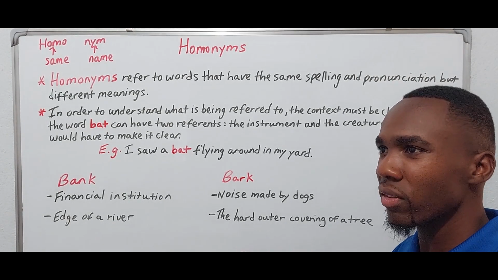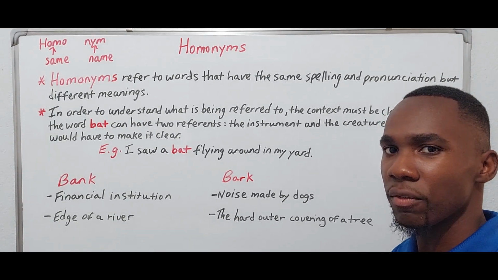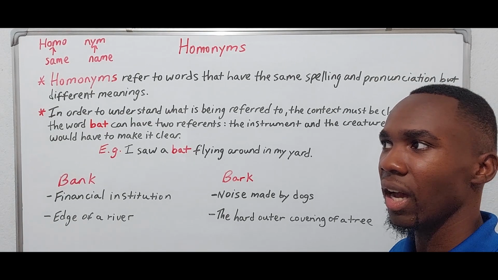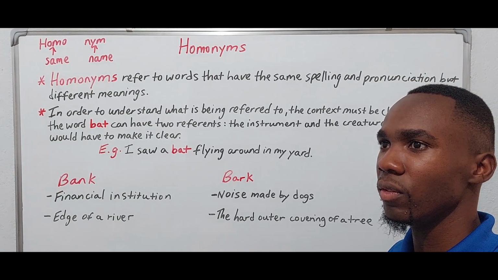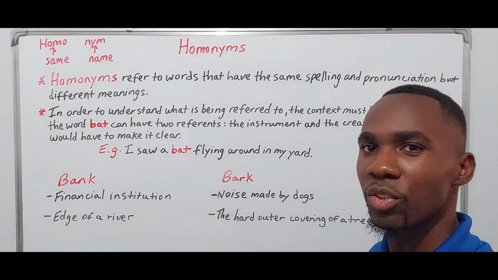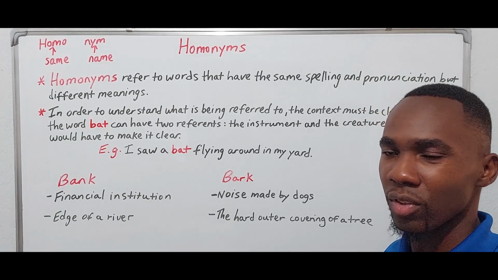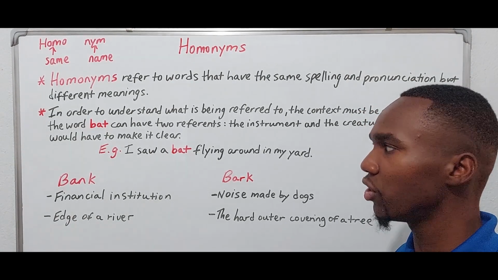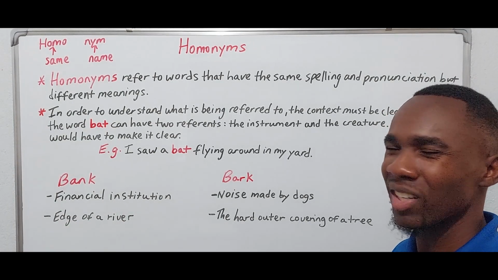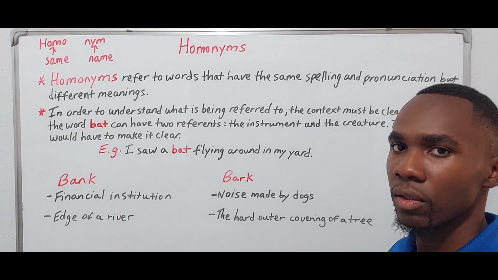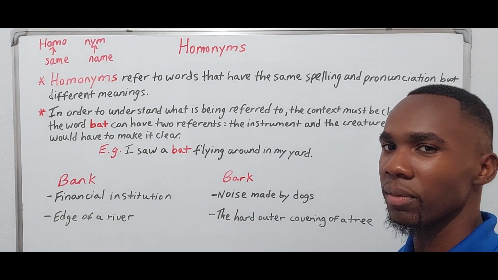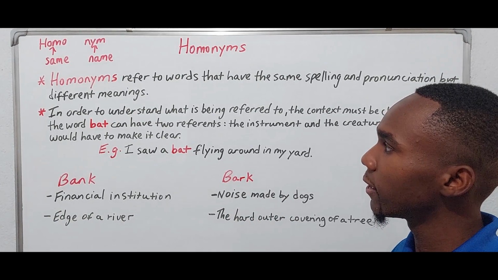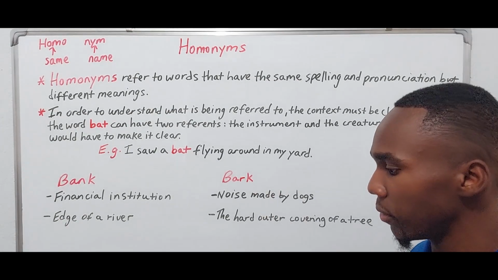Because if you and a person are having a conversation, you're going to know which one they're referring to. Eventually, you're going to know, right? Which one they're referring to because the context would make it clear. So I would say of the 3 word types, this is probably the easiest, right? So yes, this is homonyms.